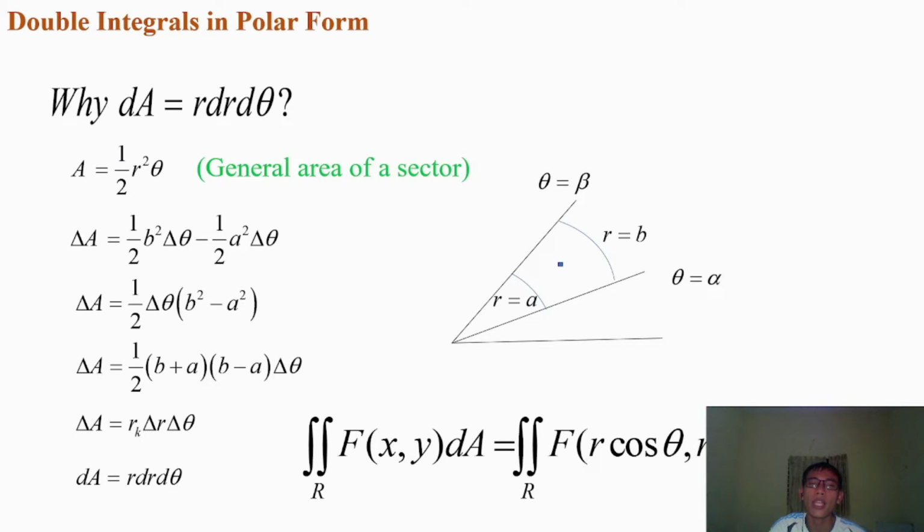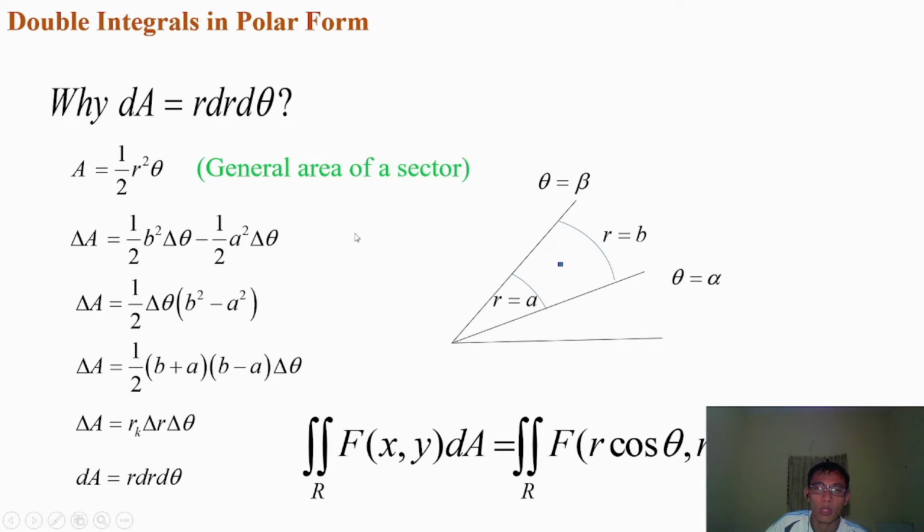And so why is dA equal to r dr d theta? Here I want you to see the general formula for the area of a sector. But suppose we want to find this area, what are we going to do? We just subtract the entire area with the radius of b by the area with the radius of a, right?